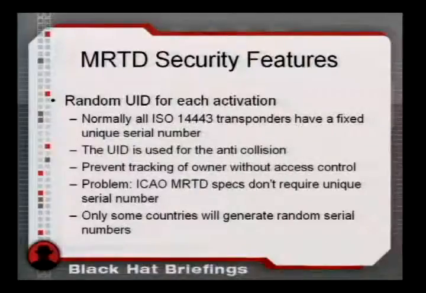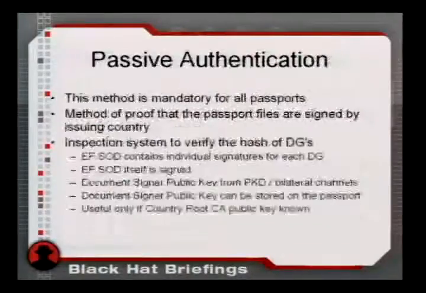So to prevent tracking of the owner without access control, they decided that every time the passport tag gets activated, it presents a new unique identifier. So it's now not truly random, but some type of random. The problem is the ICAO machine-readable travel document specs don't require this. And some countries will generate random serial numbers, others won't.